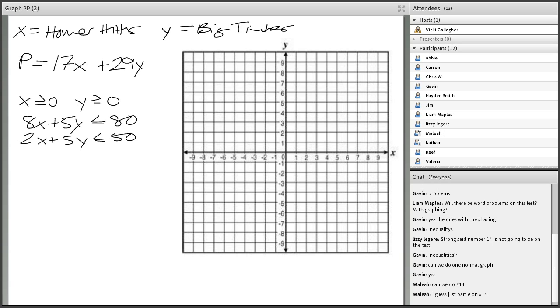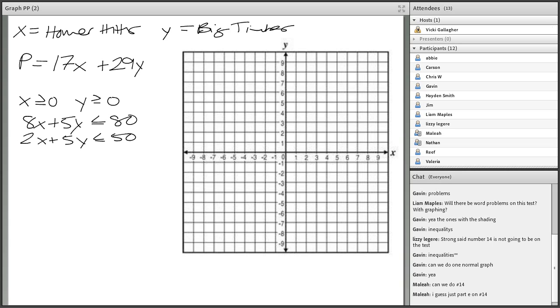The other inequalities will always be less than, because 80 is the maximum amount of time you can use, so we need our time to be 80 or smaller. Same with the 50: it's where we max out, so I need it to be 50 or smaller.